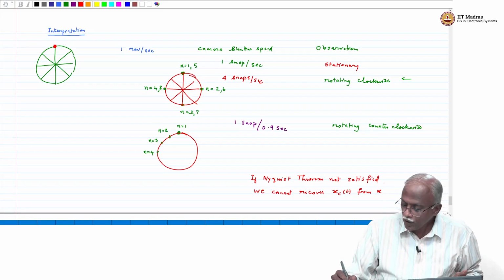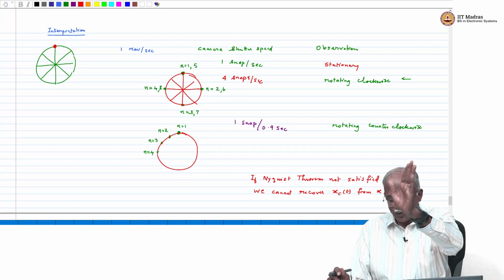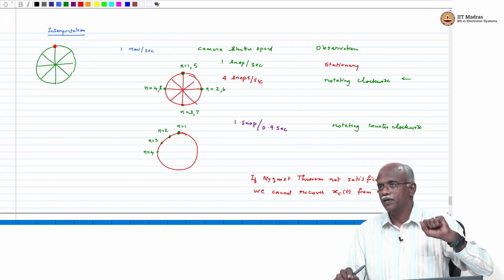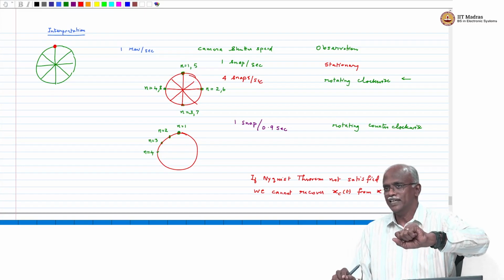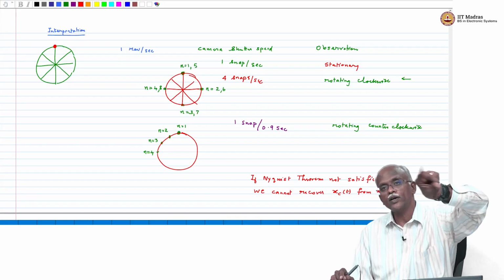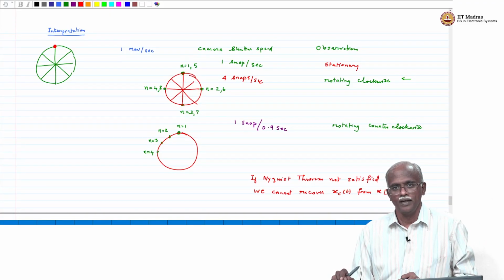Okay. Because in this exact example, supposing I gave you samples n equal to 1, n equal to 2, n equal to 3, you will tell me that the wheel is rotating counterclockwise, or you will say the wheel is not rotating. Only when you have a sufficiently high sampling rate will you say it is rotating clockwise at the rate of 1 revolution per second. Okay.